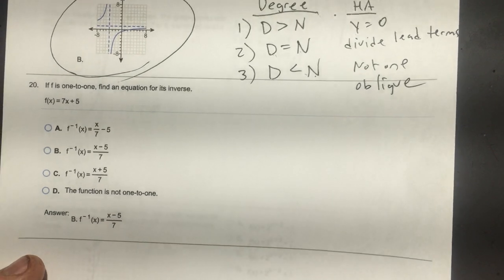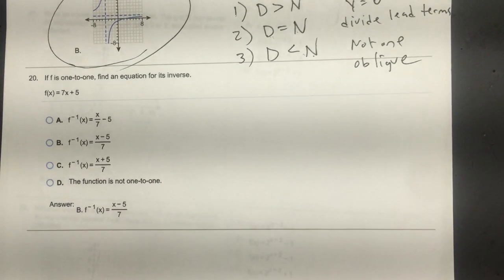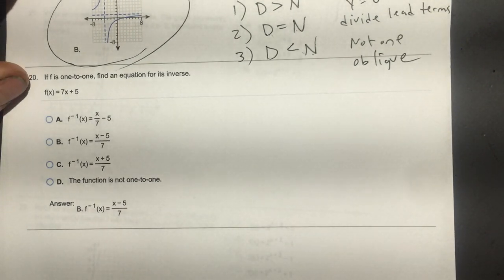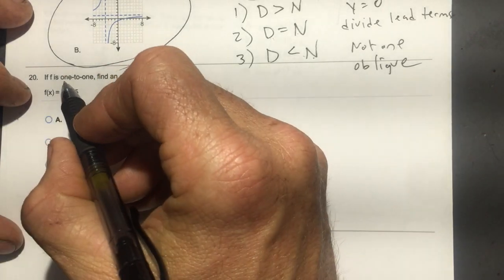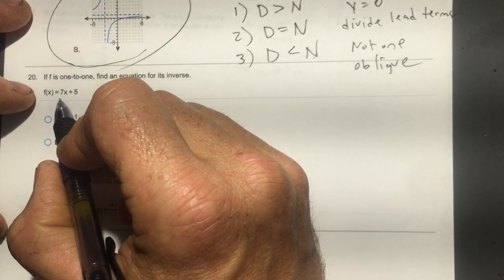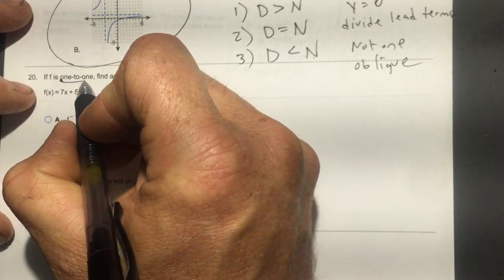All right, number 20. If f is 1 to 1, find an equation for its inverse. Okay, looking at this, this is 1 to 1. Now, how do you know it's not 1 to 1?